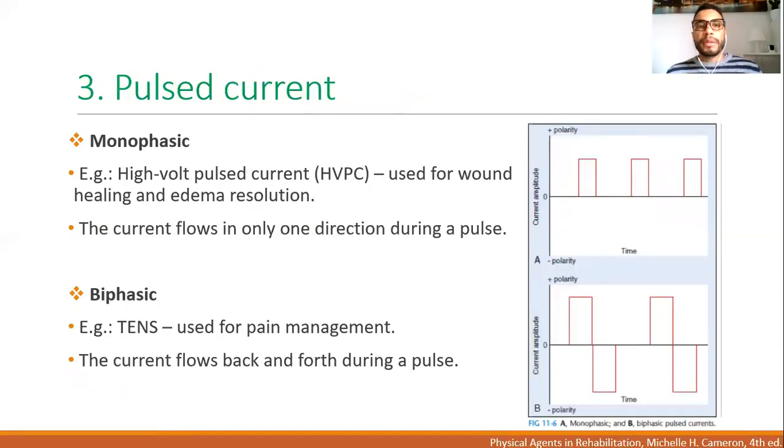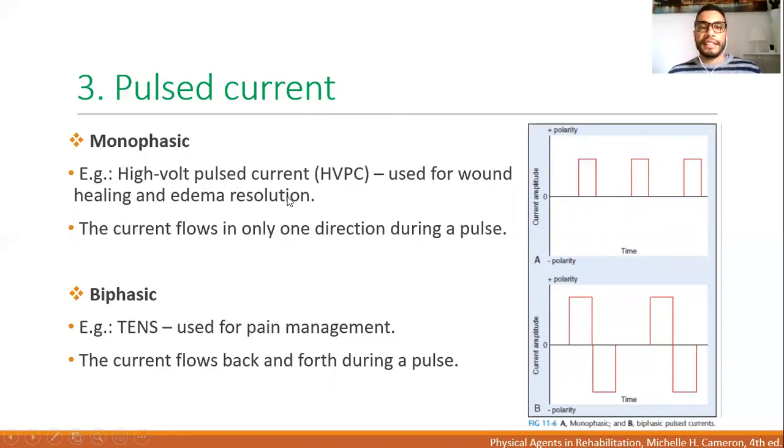And the third type of current is the pulsed current. The pulsed current can be either monophasic or biphasic. An example of monophasic current is the high-volt pulsed current, HVPC. It is mainly used for wound healing and edema resolution.